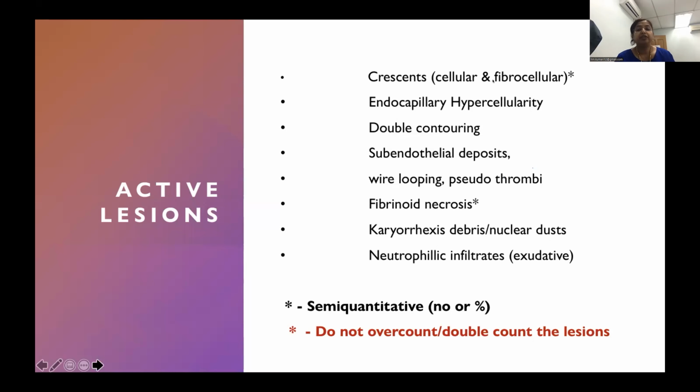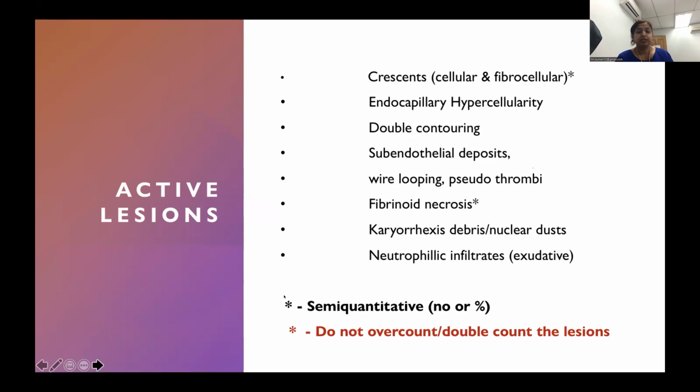Endocapillary hypercellularity, or famously known as endocapillary proliferation. Double contouring, whereby the double contouring is occupied by subendothelial deposits, wire looping with pseudothrombi, fibrinoid necrosis, karyorrhexis debris and nuclear dust, and neutrophilic infiltrate. So all these are active lesions. We will go through them.